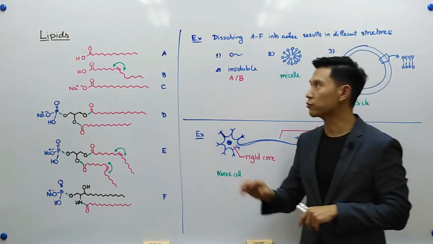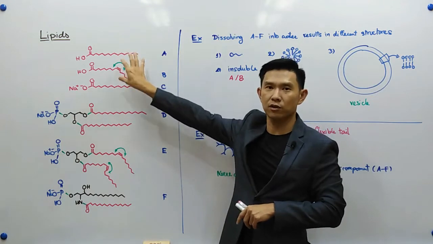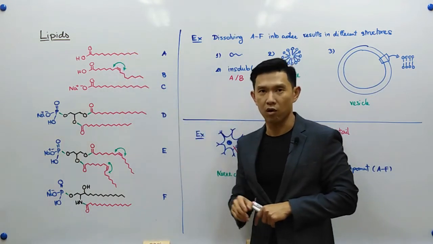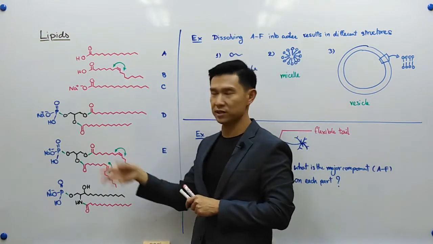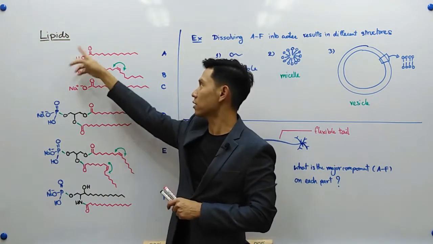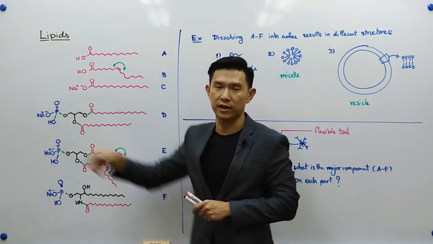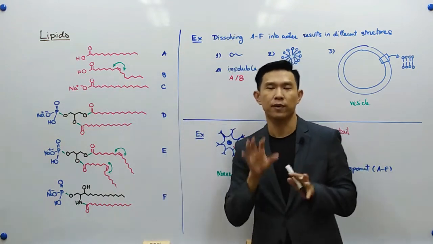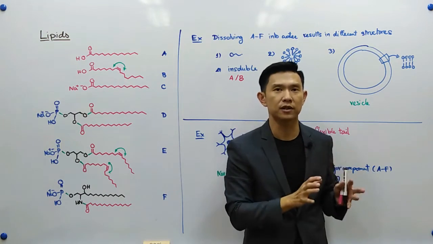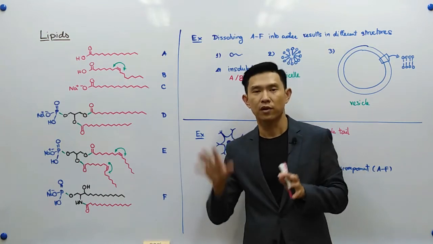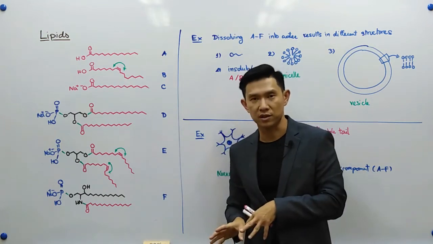The first is to reduce the London force on the right hand, or another way is to increase the interaction of the polar part on the left hand. Because we have two parts, non-polar and polar. Non-polar cannot be dissolved into water. Polar part dissolves well into water.